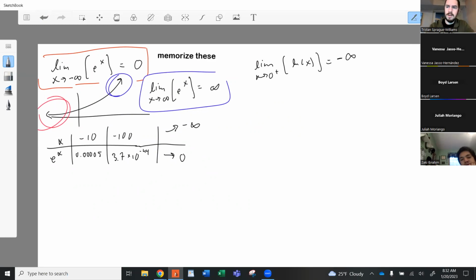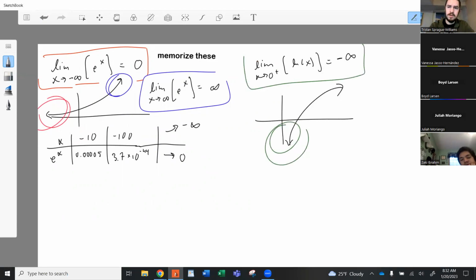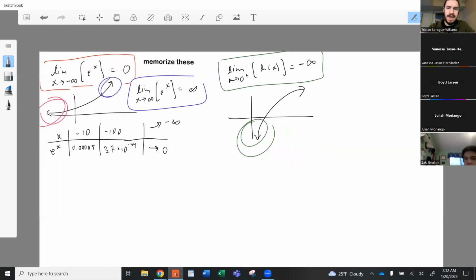That would be this area down here for the logarithm. Okay, and then the limit at infinity of natural log of x. What's going on over here? What happens to the logarithm function as x gets bigger and bigger and bigger?